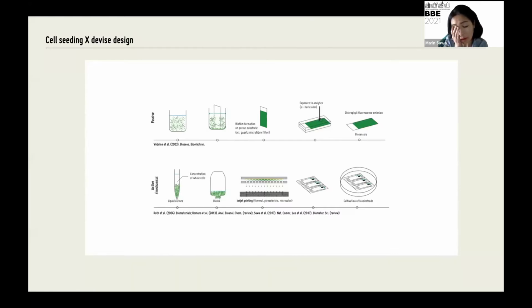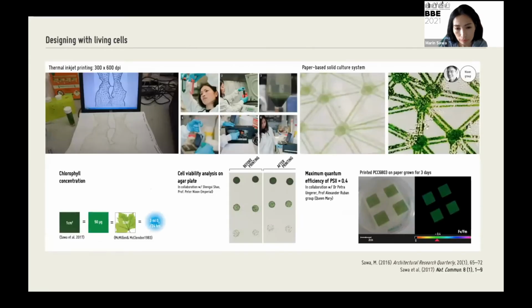Much has been explored in the tissue engineering field with mammalian cells. I applied this method to printing photosynthetic microorganisms during my PhD, starting from 2012 onwards. And I was the first person apparently to do so, surprisingly.